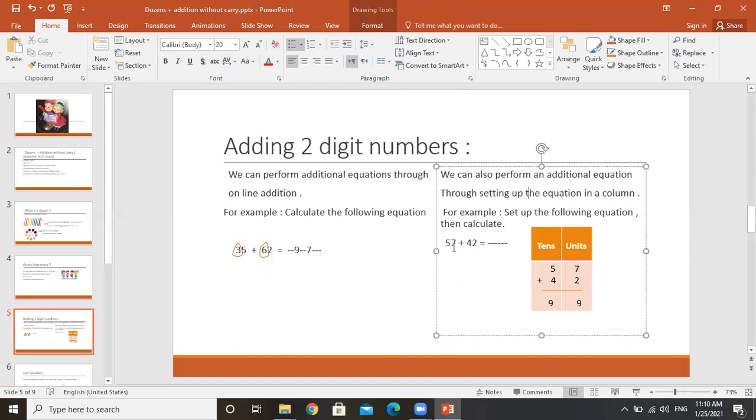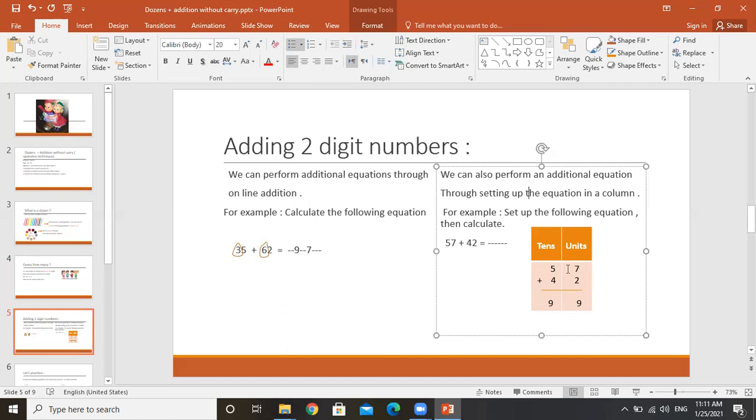In number 57, we have 5 as tens digit. We write it under the tens. And 7 as units digit, we write it under the units. And in number 42, we have 4 as tens and 2 as units.